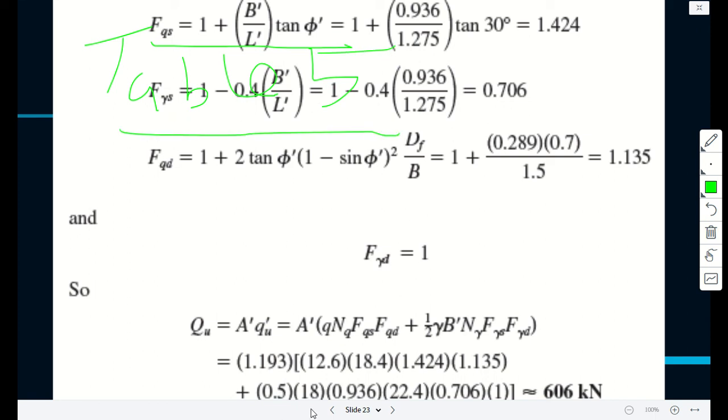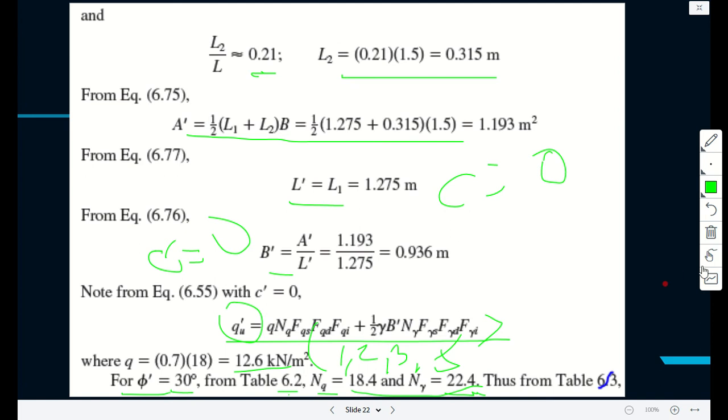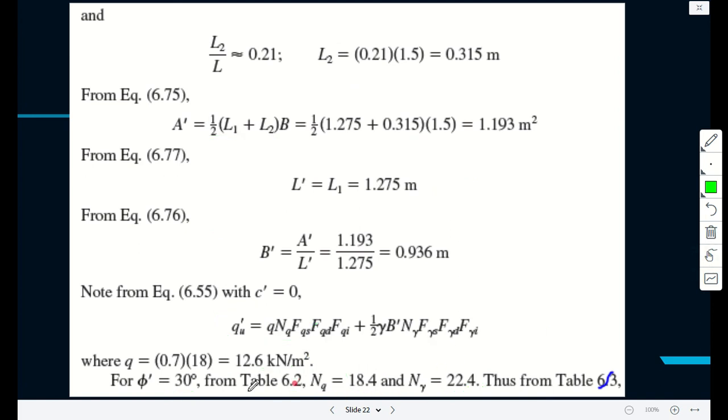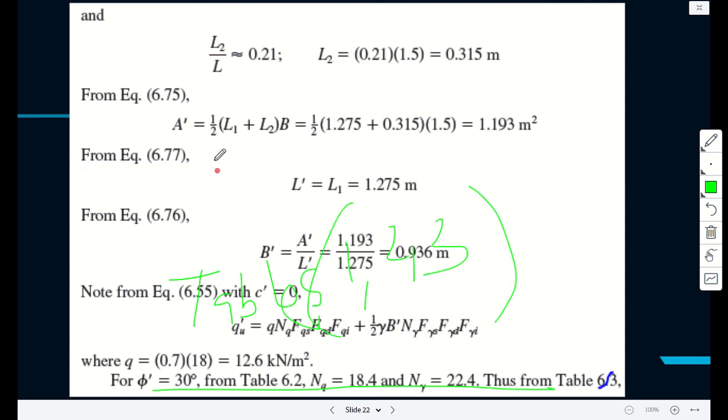Now, these values here are from tables 1, 2, and 3 of the general bearing capacity failure. So we said only N gamma changes a lot for different researchers. For NC and NQ, they're the same.